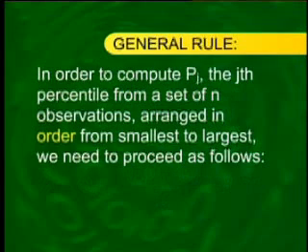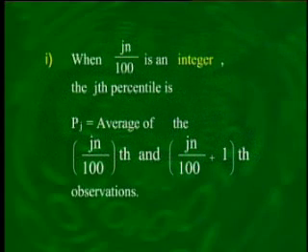In order to compute Pj, the jth percentile from a set of n observations arranged in order from smallest to largest, we need to proceed as follows. Number 1, when jn over 100 is an integer, the jth percentile is given by the average of the jn by 100th and the jn by 100 plus 1th observations.